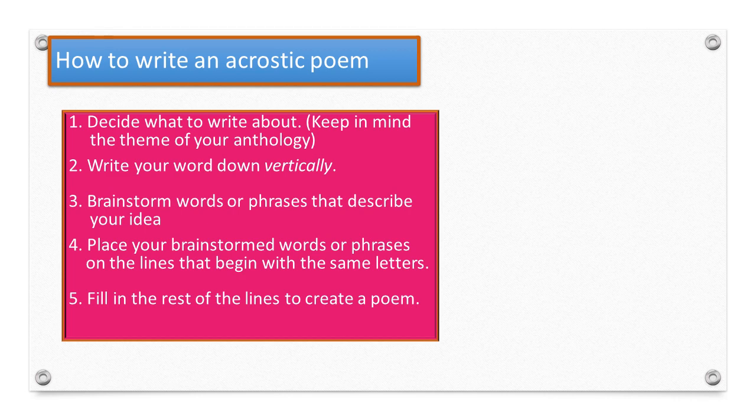Then you're going to brainstorm words or phrases that describe your idea. Number 4, you're going to place your brainstormed words or phrases on the lines that begin with the same letter. And finally, you will fill in the rest of the lines to create a poem.